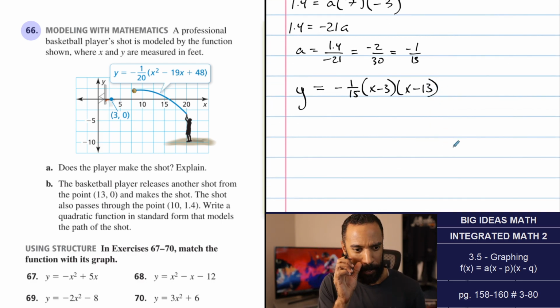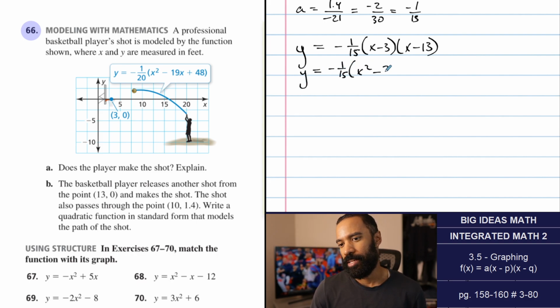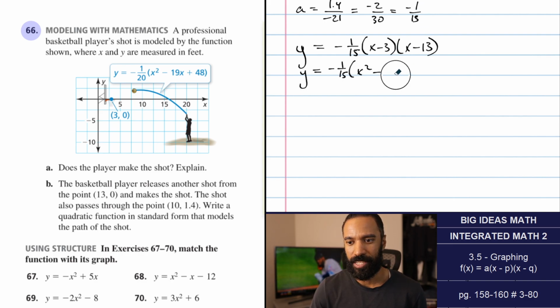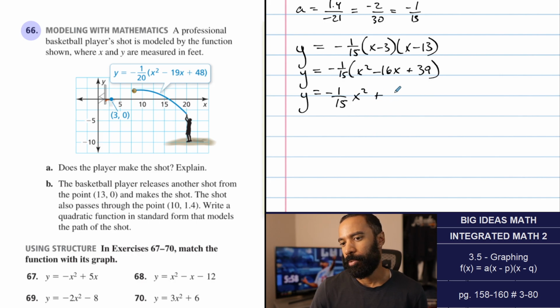Let's expand that, because we didn't yet, right? So that'll be negative 1/15th times x squared minus 26x, minus 16x plus 39. And 1/15th of those will just be over 15. Negative 1/15th x squared, unless I mess something up, plus 16/15ths x minus 39/15ths.